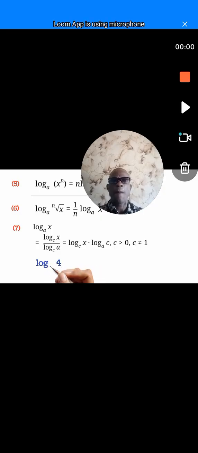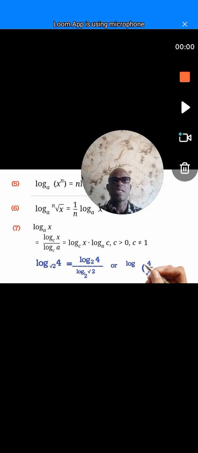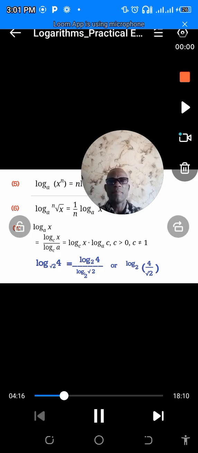And log 4 base root 2 is the same thing as log 4 over log root 2, all in base 2. That is to say, it is the same thing as log 4 over root 2 in base 2.